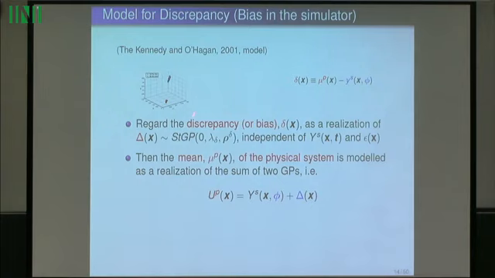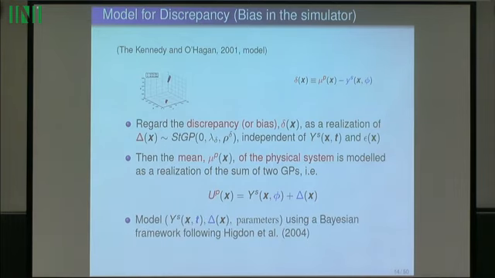Okay, so then we can go back and get a model for the mean of the physical system, because the mean of the physical system is the simulator plus the bias. So our model for the mean of the physical system is now the process for the simulator plus the process for the bias. And we're going to model this in a Bayesian way, and I'm not going to give you the details of the priors.